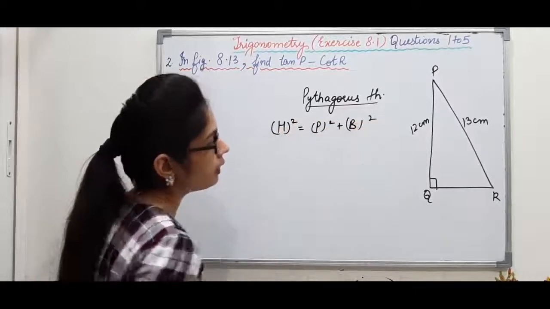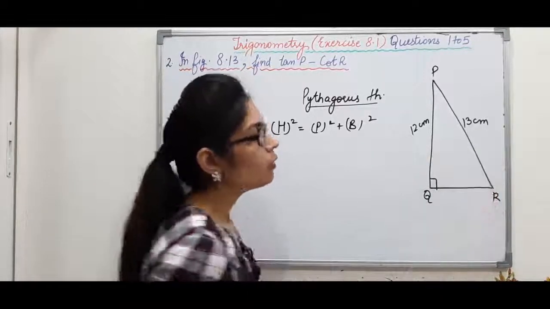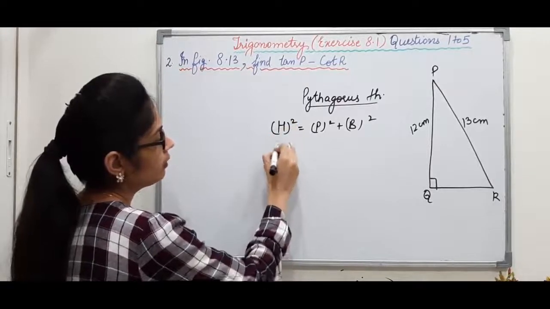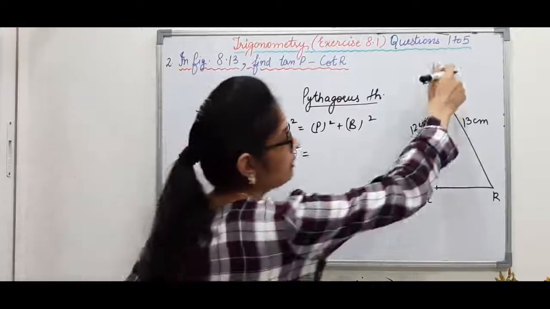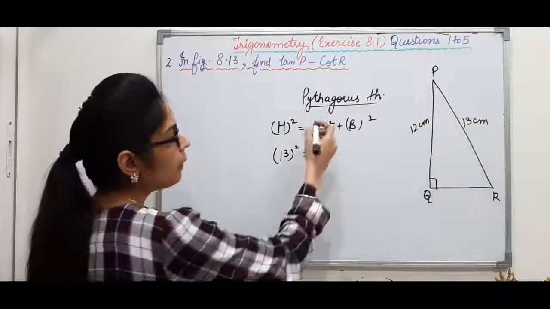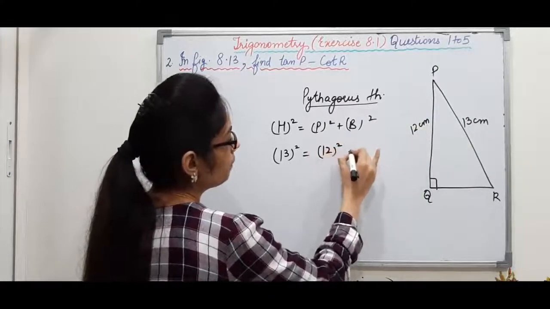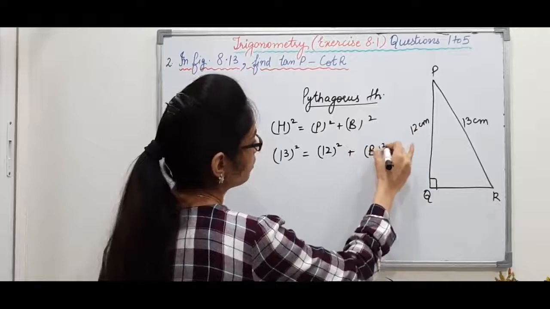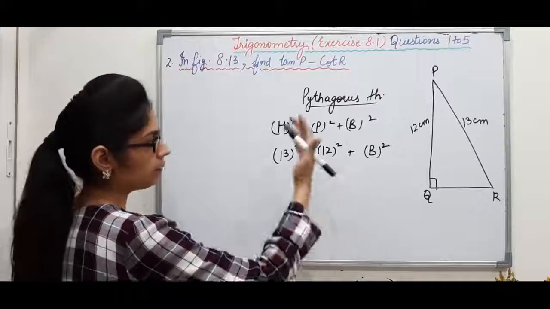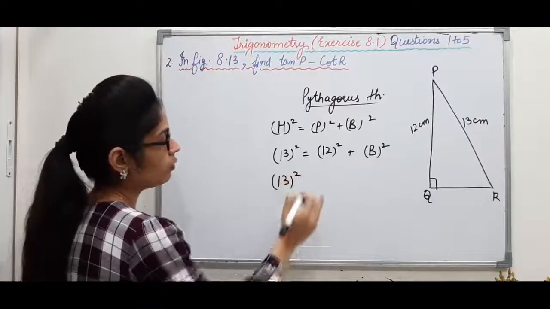Now they have given us one side, and the hypotenuse they have given us. So in place of hypotenuse I can write 13 square, because you can see this is the longest side of the triangle and this is 13. So this is the hypotenuse. Perpendicular, let's assume, is given to us as 12 square, plus base, which is not given to us. Because we need to find the value of base, we'll keep base on that side and these two values will be written on the same side.